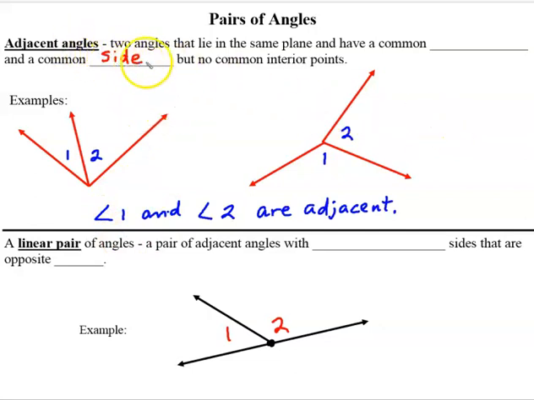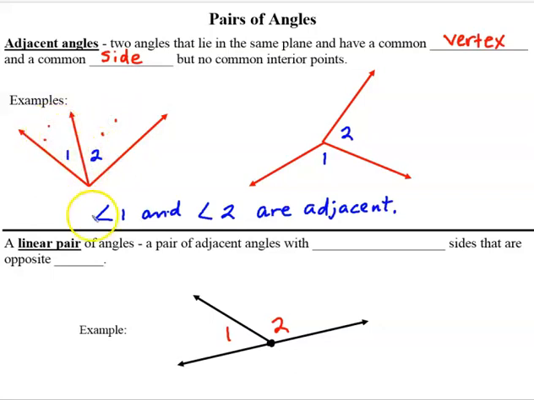So adjacent angles are two angles that lie in the same plane and have a common vertex and a common side, but no common interior point. So I gave you a couple examples here. Notice that these two angles, 1 and 2, share a common side, but the interior points, points like this, are interior points for angle 2.